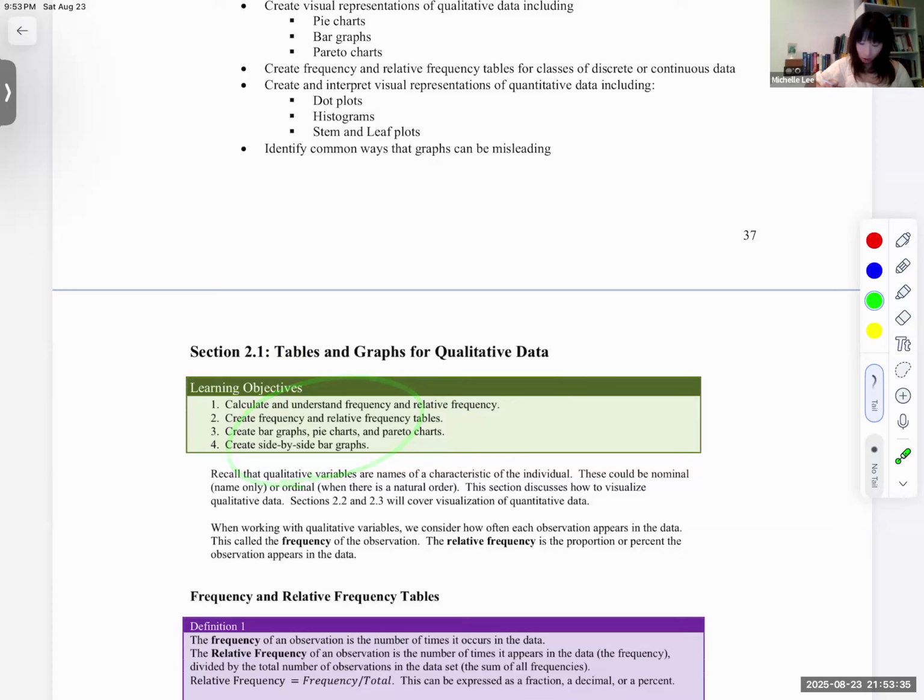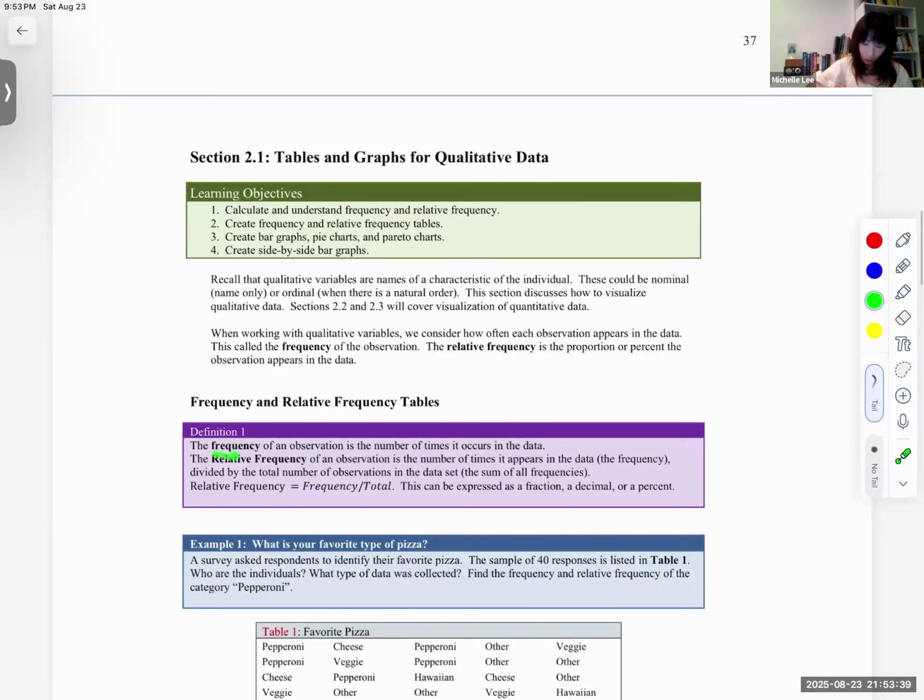right here. Okay, now the first definition is frequency, like the English word. We count how many times something appears, right? So the frequency of an observation is the number of times it occurs in the data. Now, relative frequency.